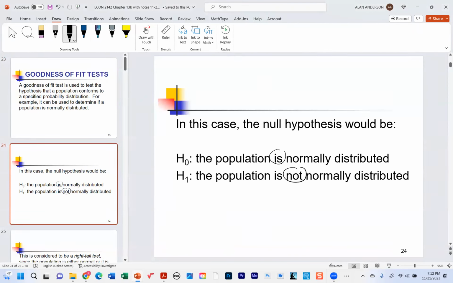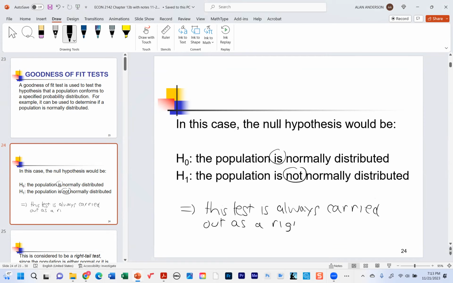Which implies that this test is always carried out as a right-tailed test. There is no such thing as a left or two-tailed test with goodness of fit.